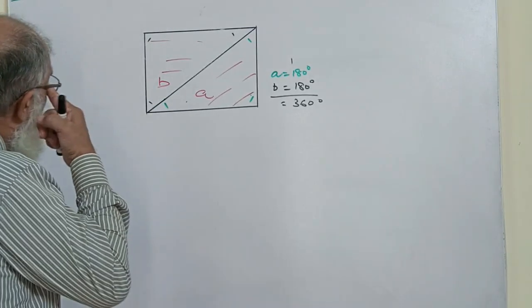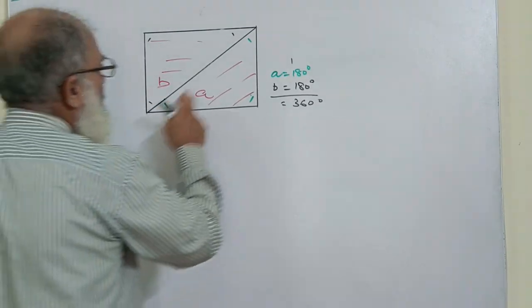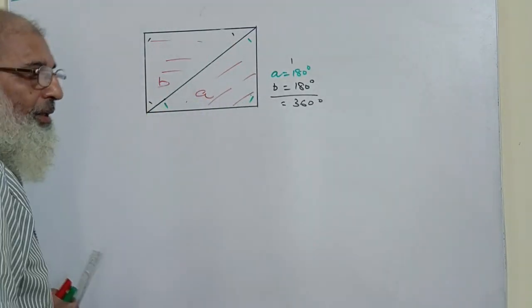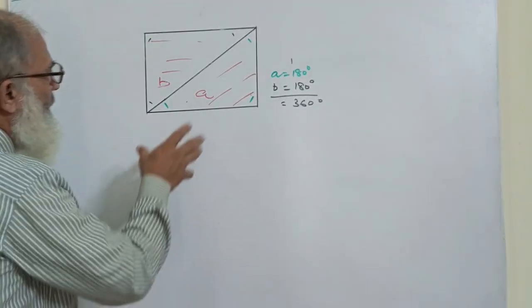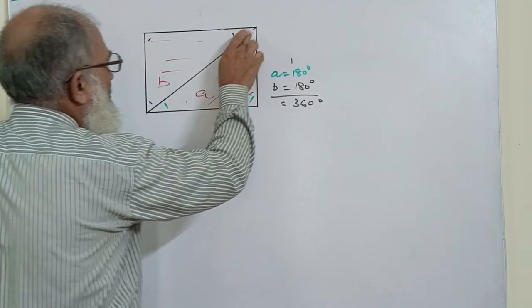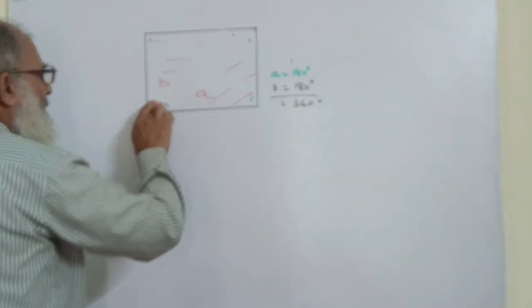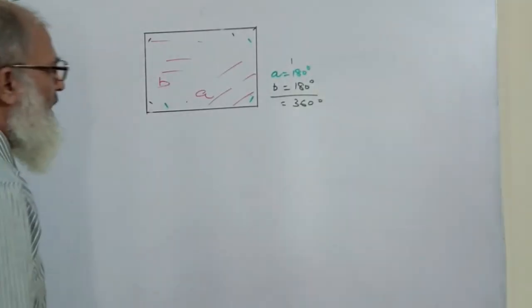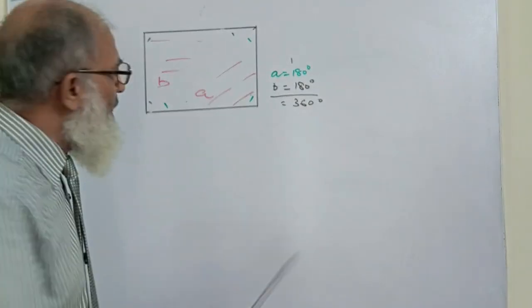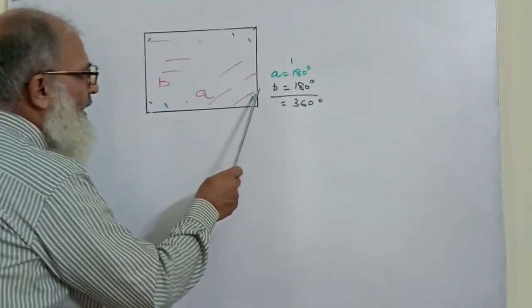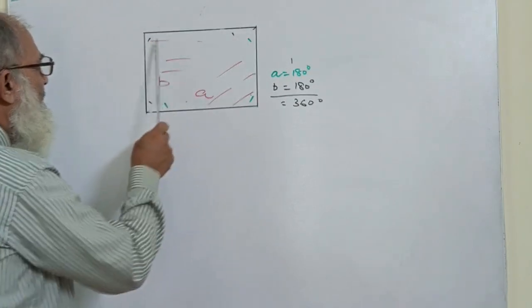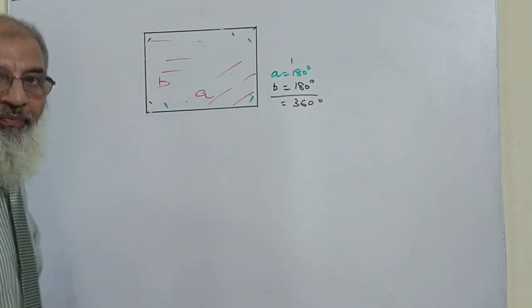If I don't do it this way, just move this line. Now you see that in the rectangle there is a 90 degree angle, 90 degree angle, 90 degree angle, and 90 degree angle.